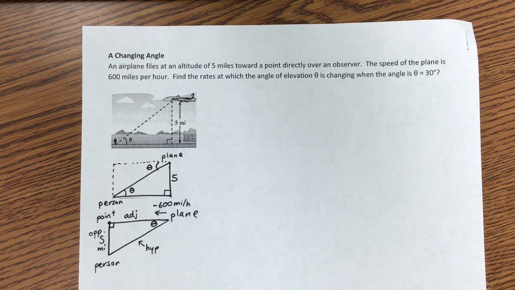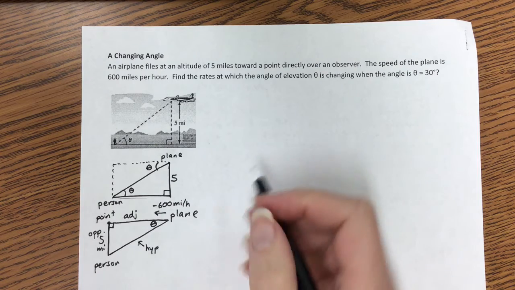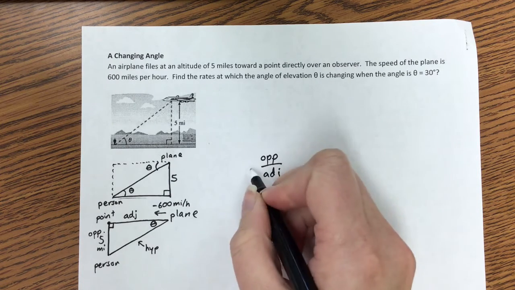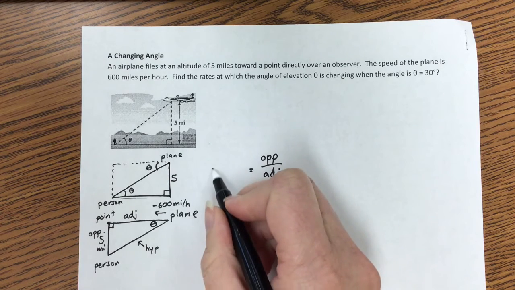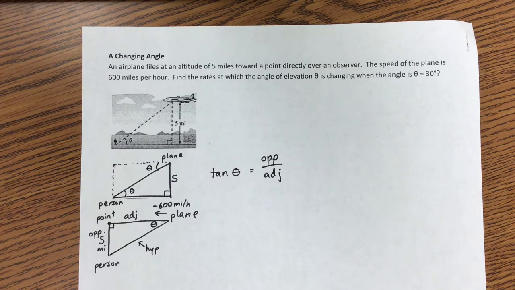So what kind of a formula do we know that includes an angle, an opposite side, and an adjacent side? Well, opposite over adjacent is the same thing as the tangent of theta. Remember that good old trig formula.